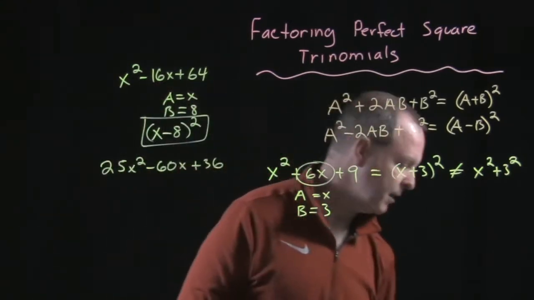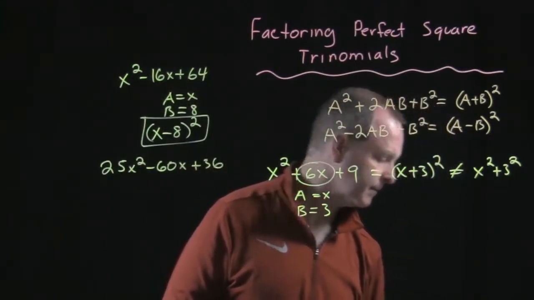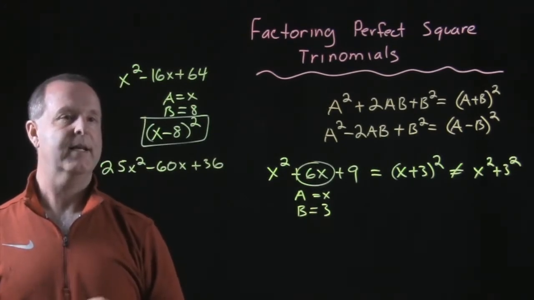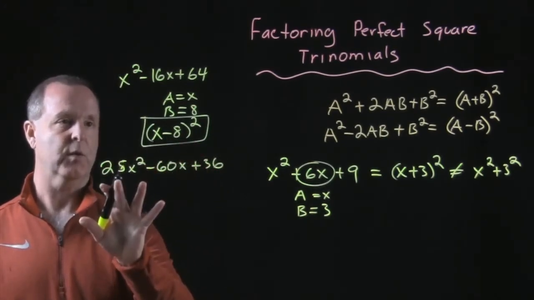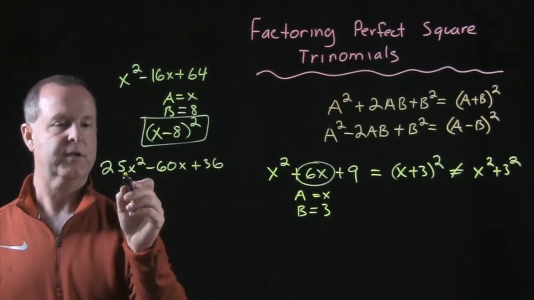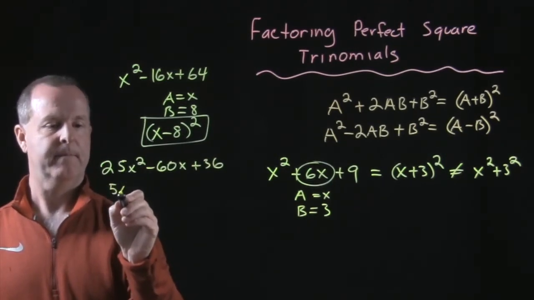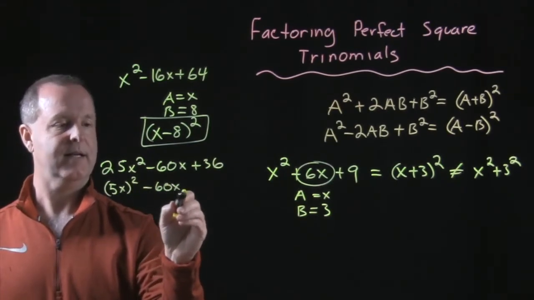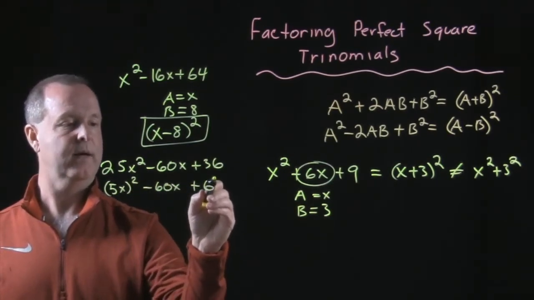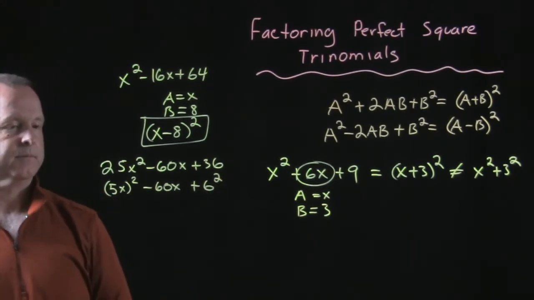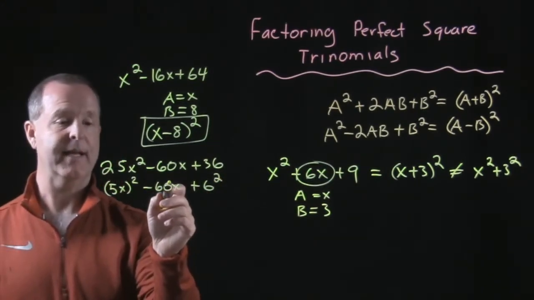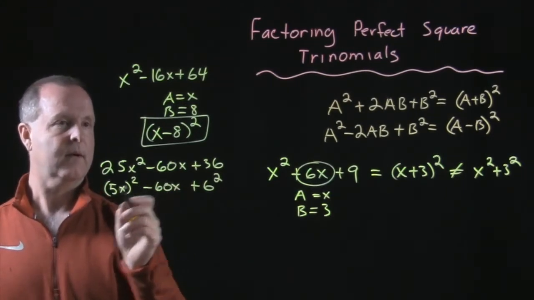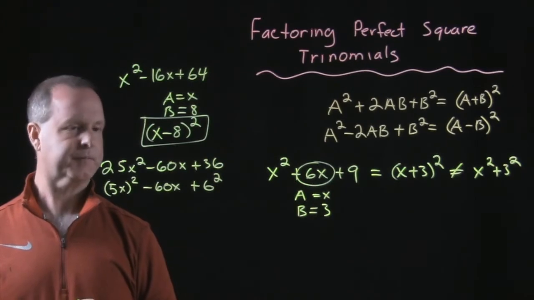Well, there's a couple of things that we can look at doing first here. What do we recognize? Well, we recognize that we have a combination of issues going on here. So this first term is a 5x squared minus my 60x plus my 6 squared.